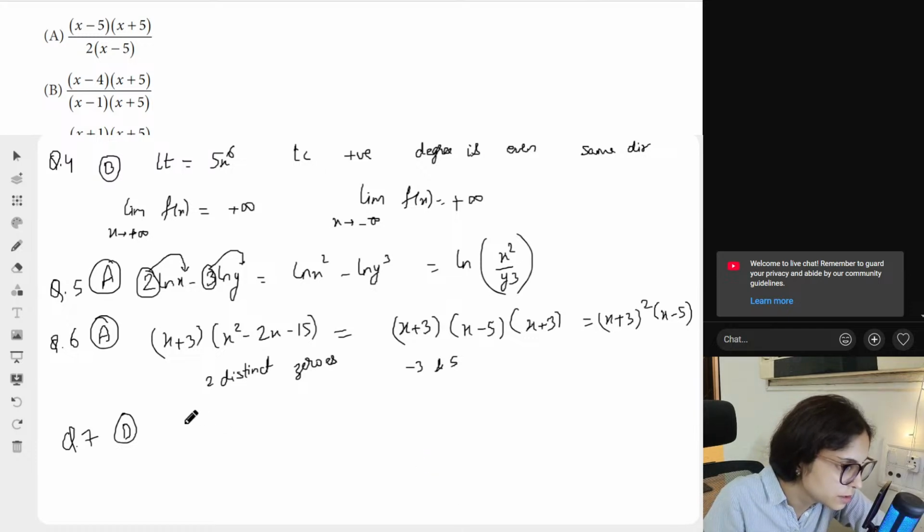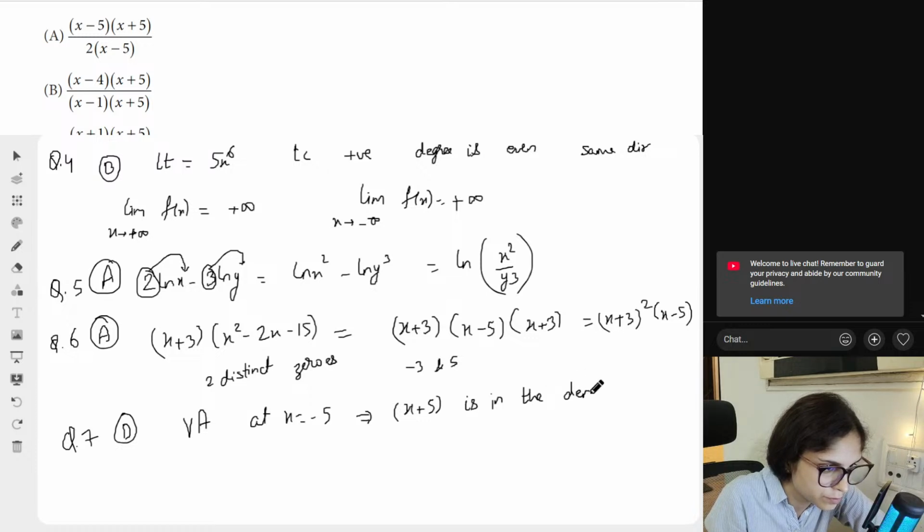I'll explain the logic. For a vertical asymptote at x is equal to negative 5, that means x plus 5 is in the denominator after simplifying. In the first option it is on the top, so that is gone. In option B, it is on both top and bottom, so it's a hole.